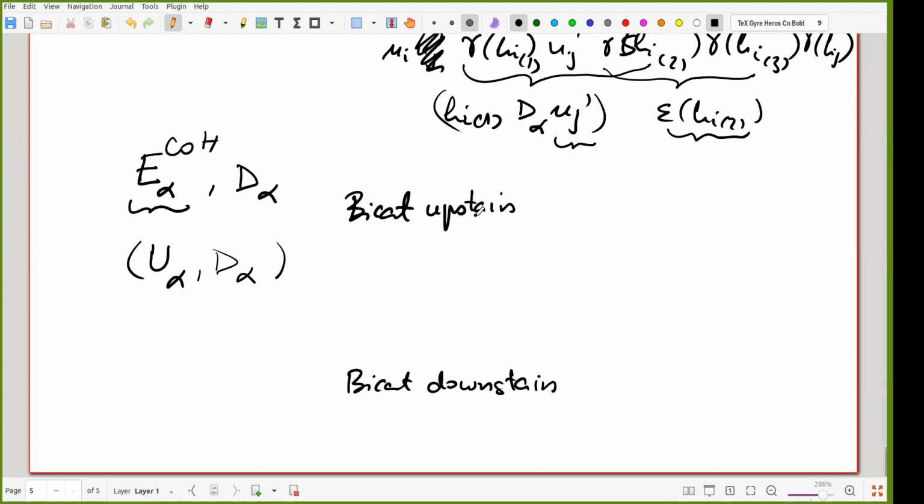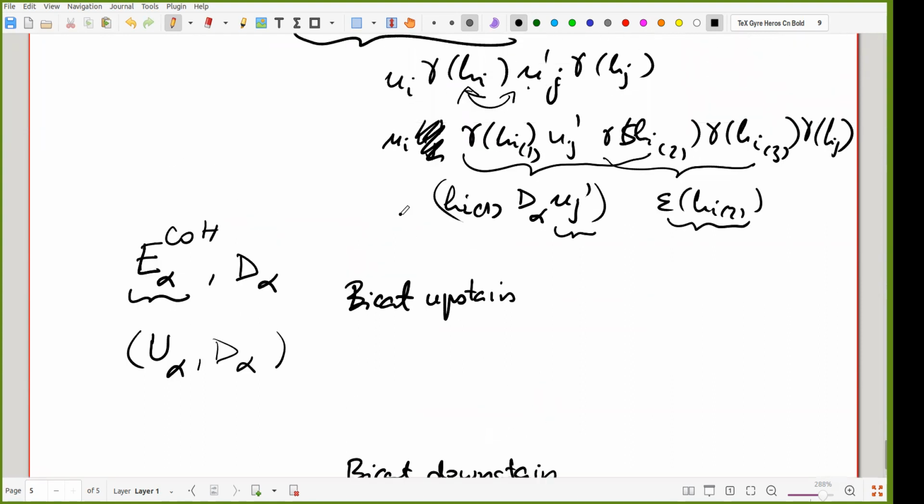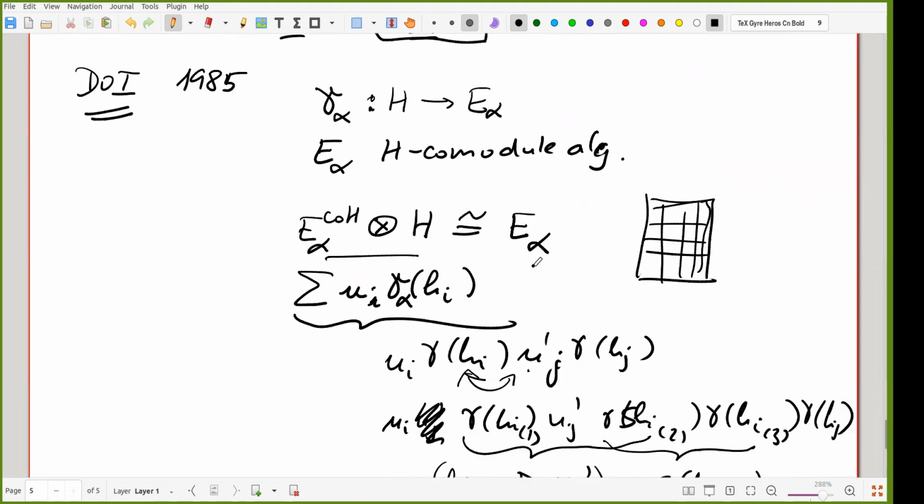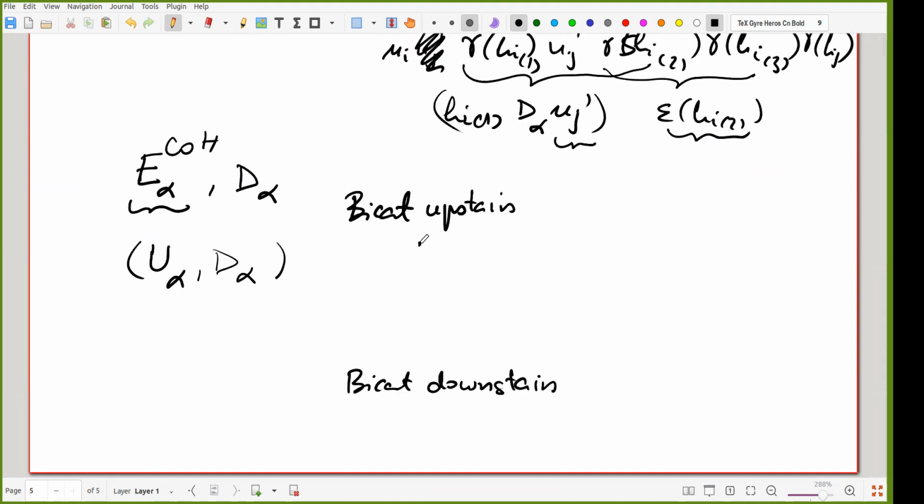So upstairs, you remember I had rings, bimodules, and bimodule morphisms. Instead of rings, I will say algebras because I'm always working over a field. I will take algebras, but algebras which will have a coaction of H.